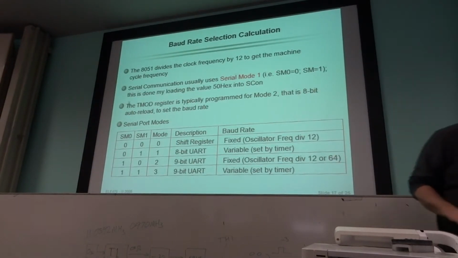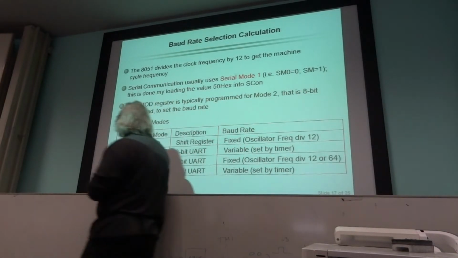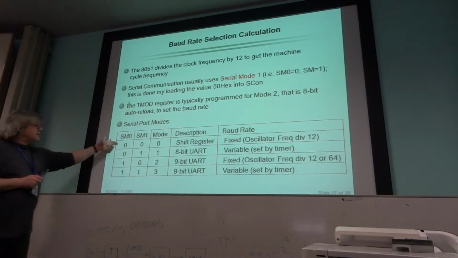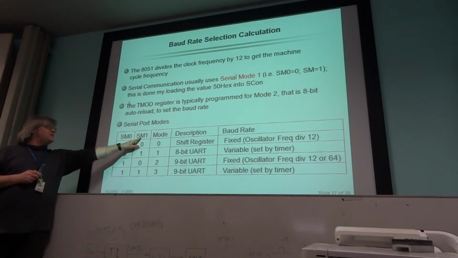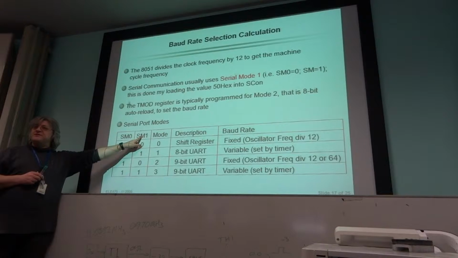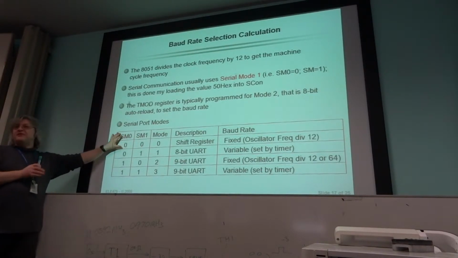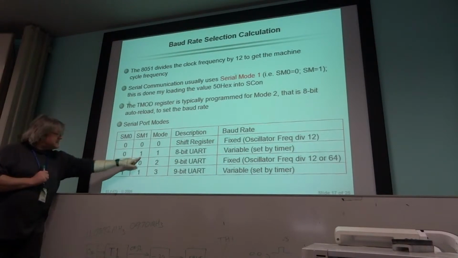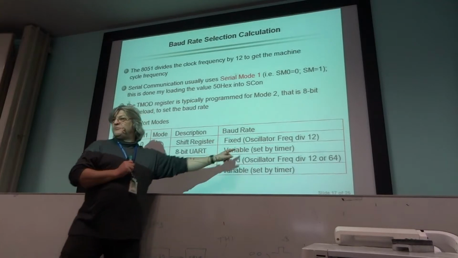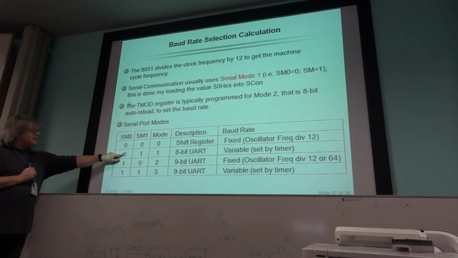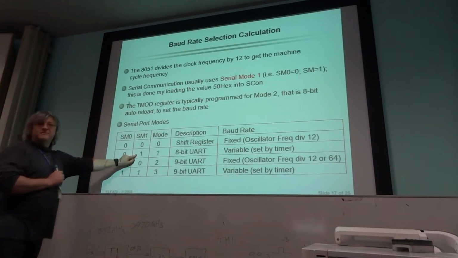So, no, it is this way around. It's kind of bizarre. You might think this is the more significant bit, but it's not being interpreted as the more significant bit. Don't ask me why, ask Intel, but the labeling is correct according to Intel. So we're doing this mode, which is 8-bit UART, using timer 1 to generate the pulses. So that means SM0 has to be low, SM1 has to be high.